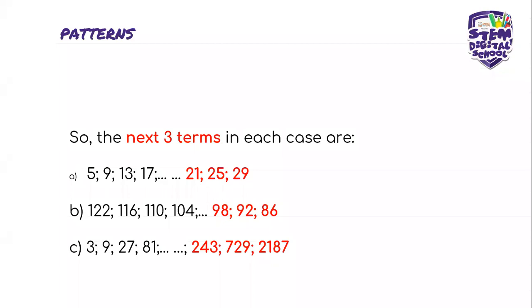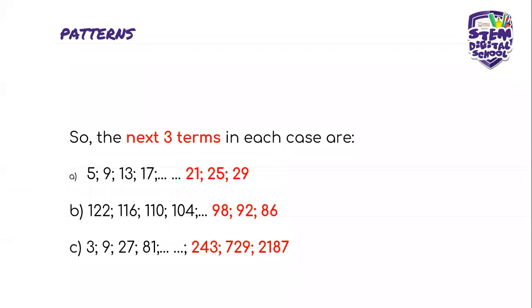Because 122 minus 6 will give you 116. And 116 minus 6 will give you 110. And 110 minus 6 will give you 104. So that's how you proceeded to get the next 3 terms there. The first one being 98.